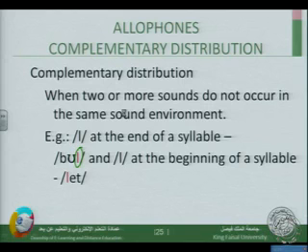In bull, this is dark L, the heavy L, but the second, lit, is light. This we call complementary distribution. These two sounds, the dark L and the light L, cannot occur in the same environment. Okay?